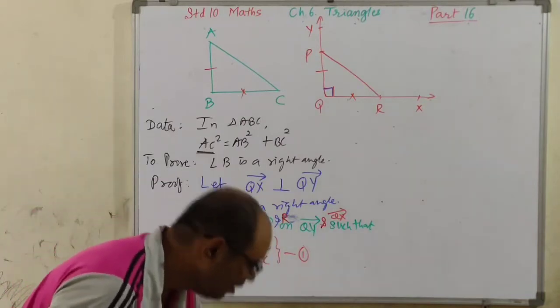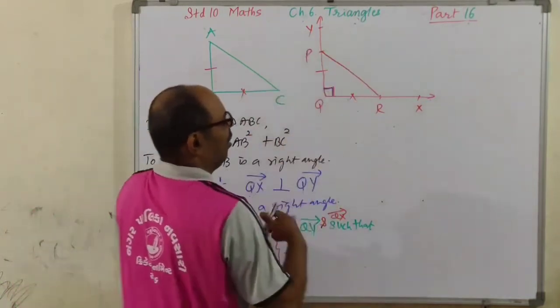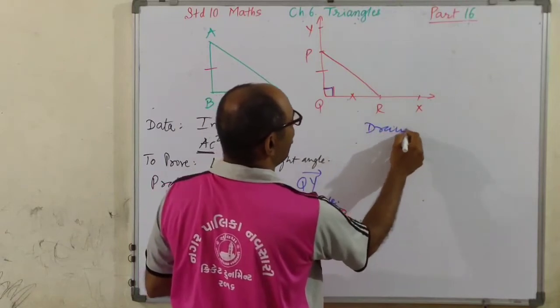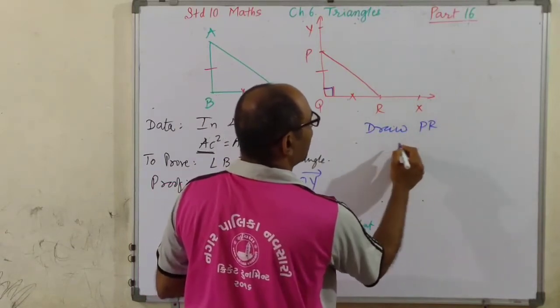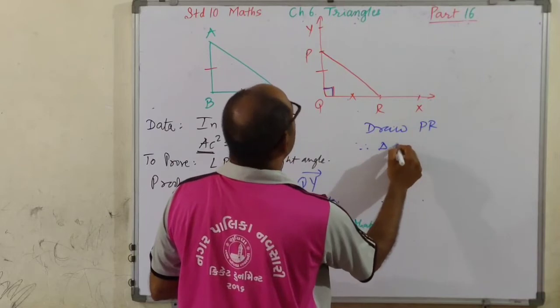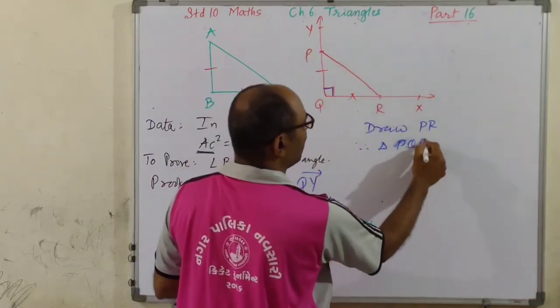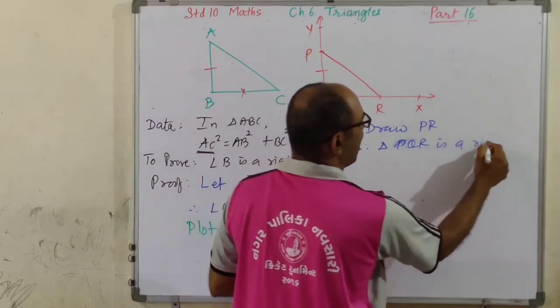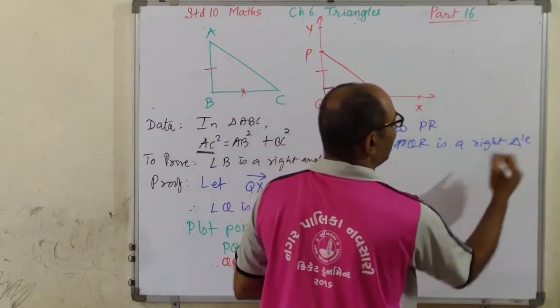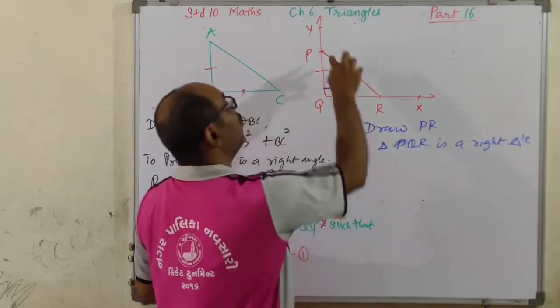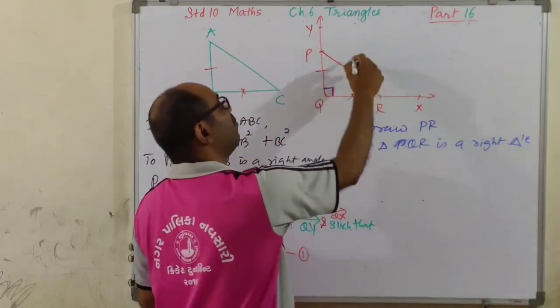Let's draw PR. Therefore, triangle PQR, after you have drawn this, therefore triangle PQR is a right triangle. Therefore, use Pythagoras. Hypotenuse is this.